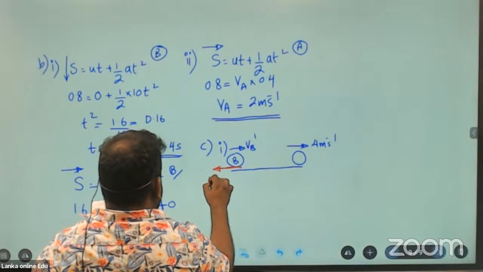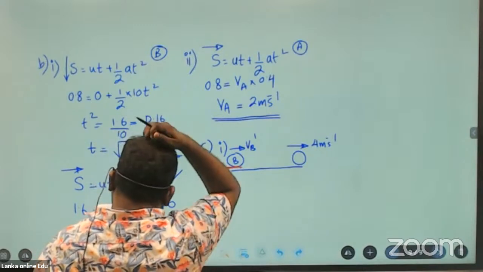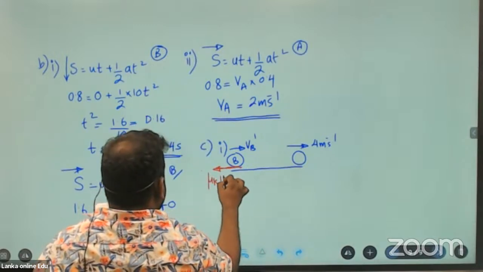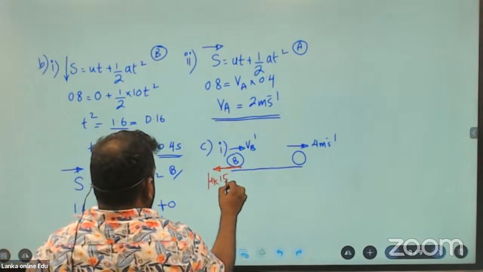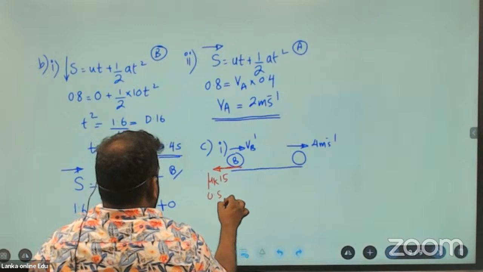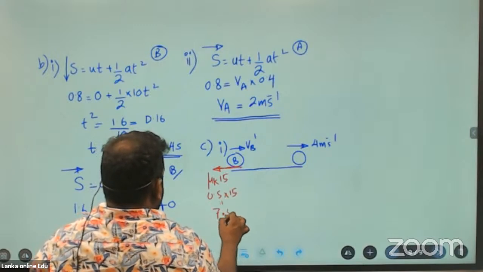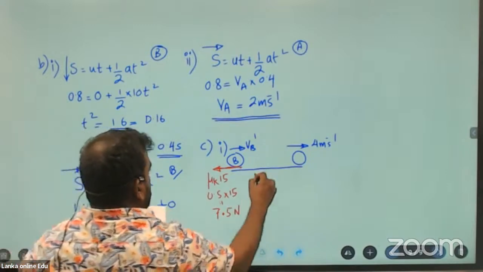Kinetic friction is there. That's mu K times normal reaction. Mass of B is 1.5, so the weight is 15 newtons. mu K is 0.5, so 0.5 times 15 is 7.5 newtons friction. The distance there is 2 meters.